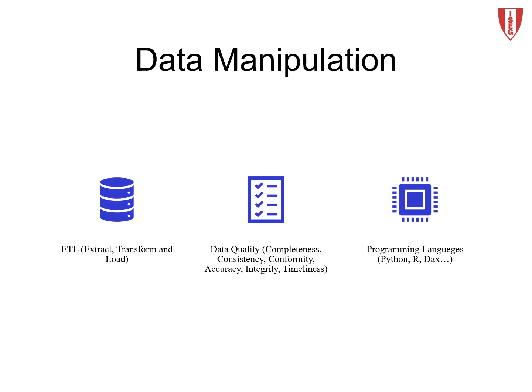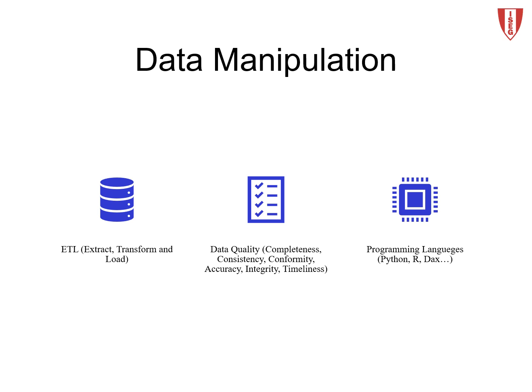In this context, data manipulation includes ETL, data quality, and usage of tools. According to AWS, there are 8 best practices for high-performance ETL processing using their technologies. Data quality is the result of a good ETL process.